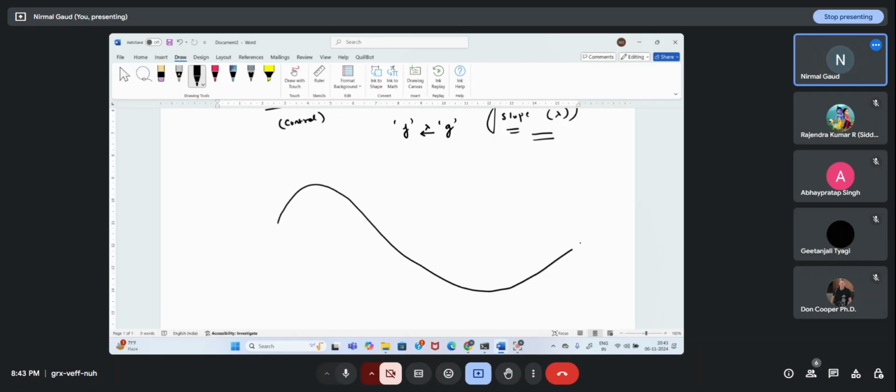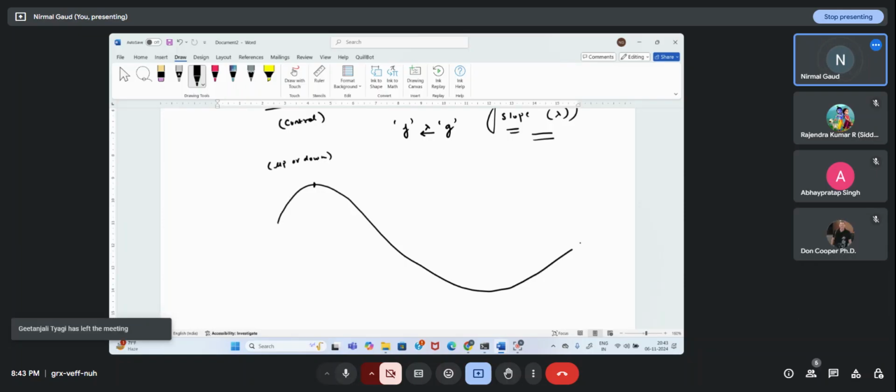So there will be a point where you can see up or down. Okay, so this is my up, and this point I can see as down, whatever.